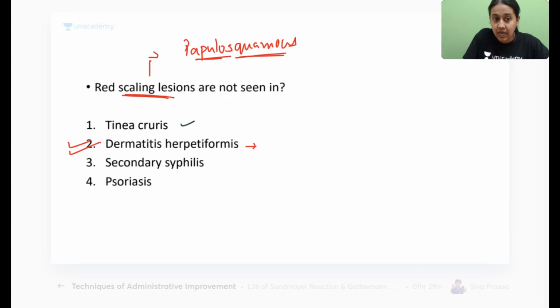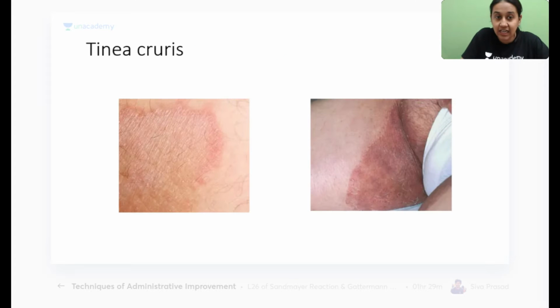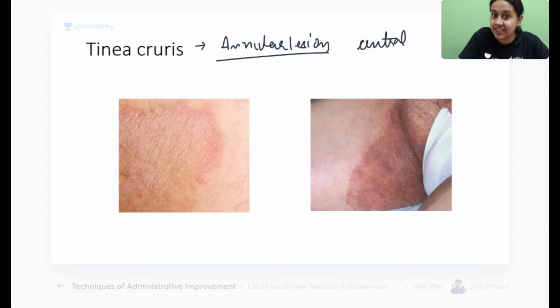Now let's see how the other three options look. Starting with tinea cruris, can you tell me how to describe a lesion of tinea? What is the appearance classically known as? Yes, you're right, Dr. Sonali. The appearance of DH is over the extensors. Tinea cruris always presents with an annular lesion which has central clearing.